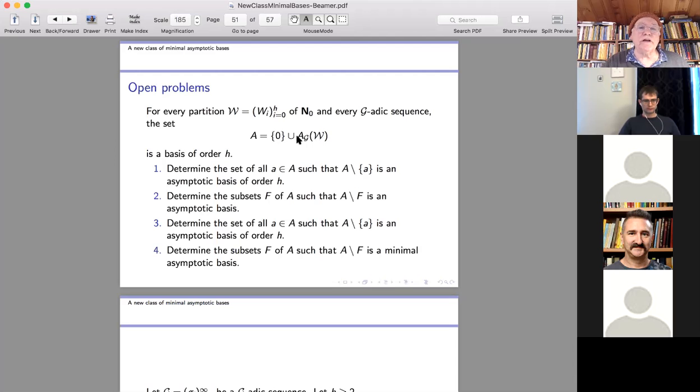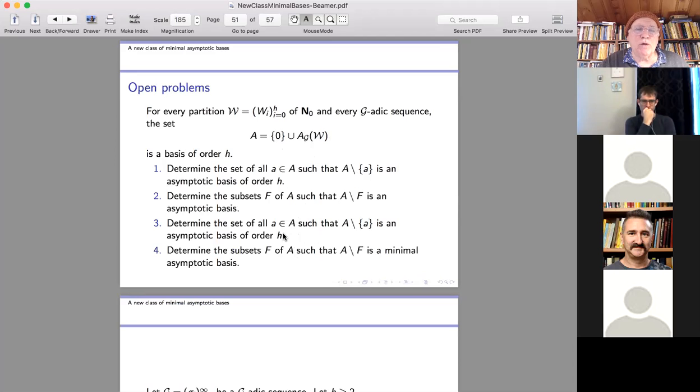And you can ask, for a set of this sort, what elements can you throw away so that it still is a basis? Or what finite sets can you throw away such that it still is a basis? Actually, this is just a restatement.